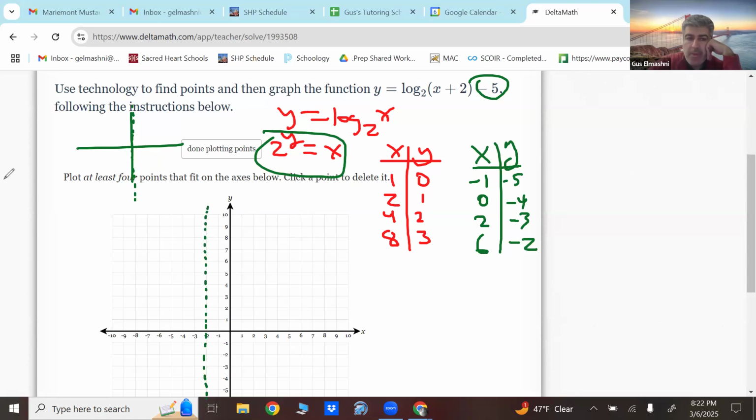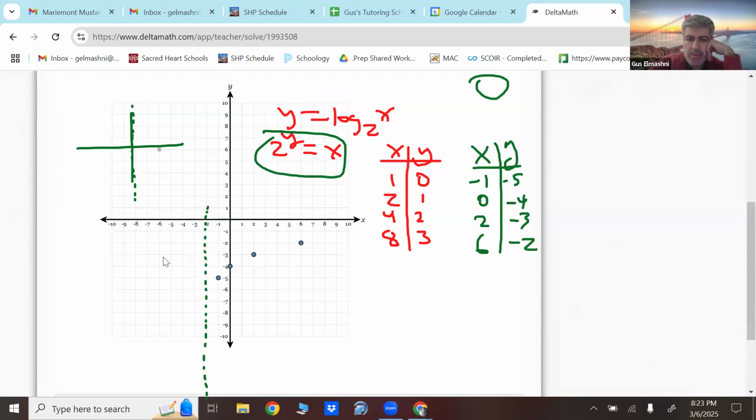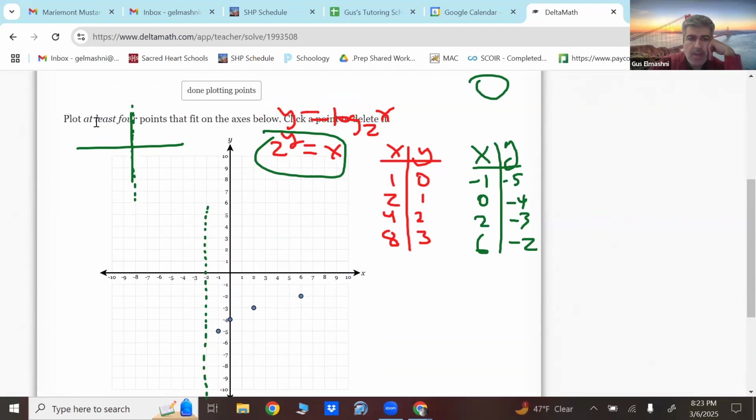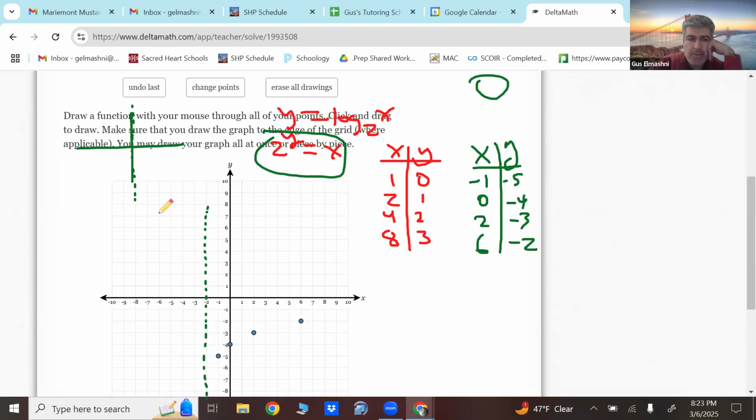So when I plot the points, you'll have points pretty close to that. For example, negative 1, negative 5; 0, negative 4; 2, negative 3; and 6, negative 2. Then I'll need to move the screen just a tad. And done plotting points.